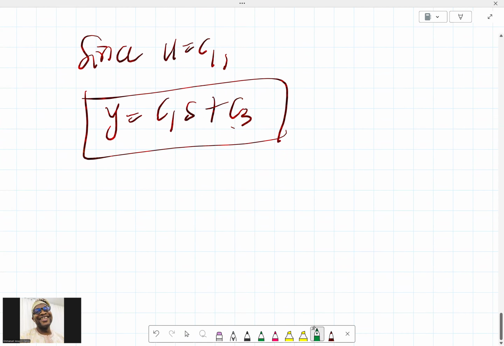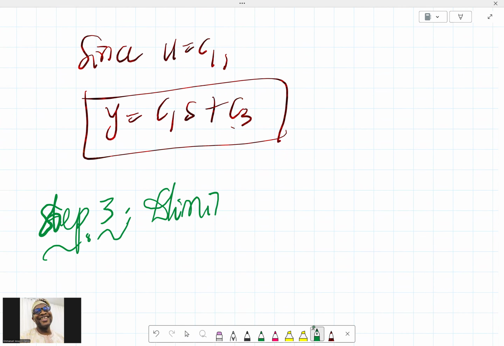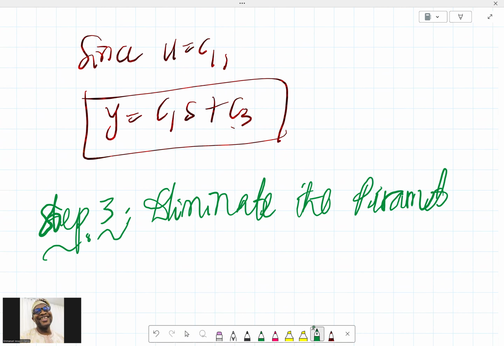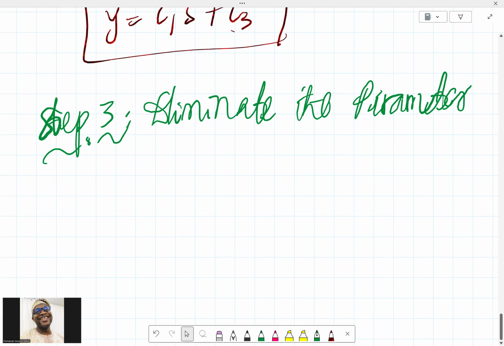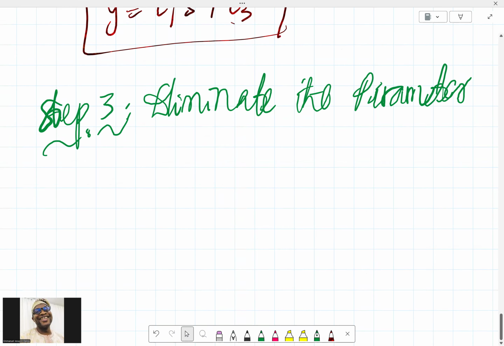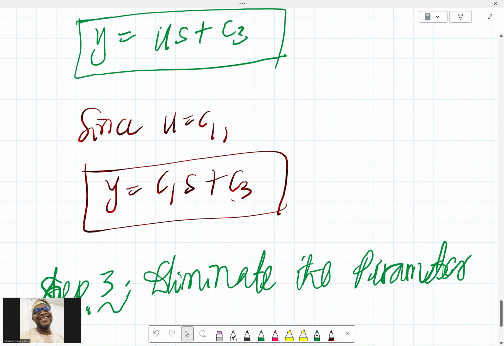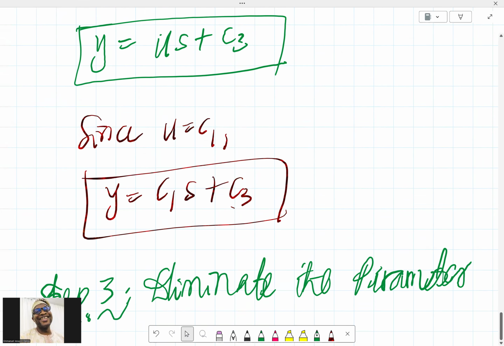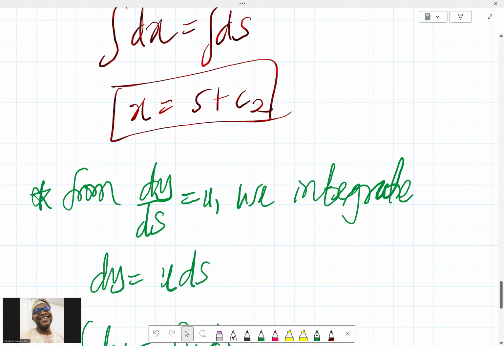Then we go for the next step. That's step 3. In step 3, we eliminate the parameter. The parameter is s. We get rid of it because we didn't start with it. And how do we do that? We already have c1 and c3 in this place, so the only thing we have not touched is this expression.